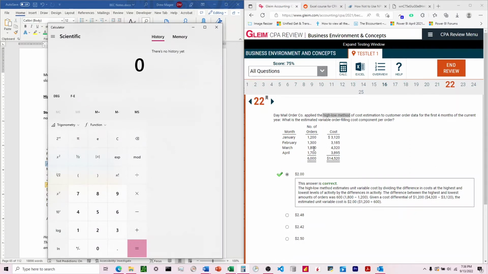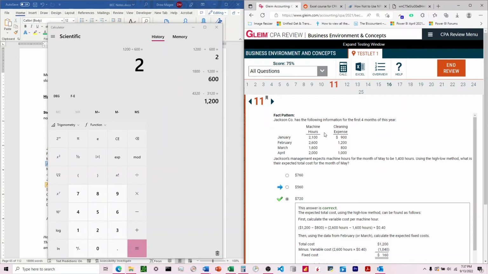So we're going to identify the high and low over here, 1800 and 1200. 4320 minus 3120 gives us 1200. 1800 minus 1200 is going to give us 600. 1200 over 600 will give us 2. Okay, and so that's the answer right there. It's 2. They want us to stop right there on step 2.